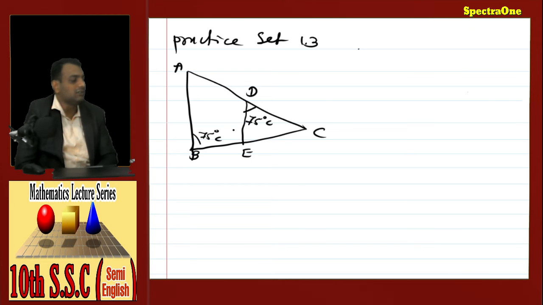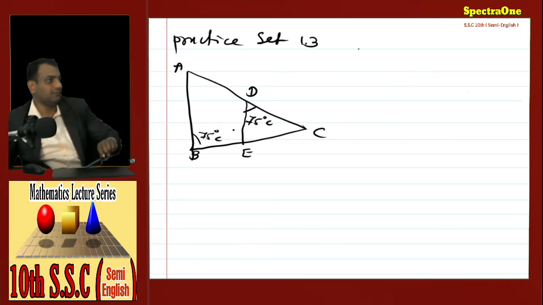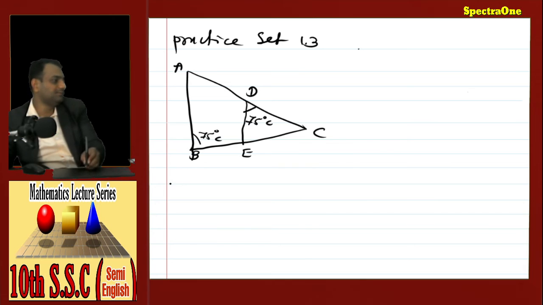Also write the similarity of these two triangles by proper one-to-one correspondence. Now, in this example, let's consider triangle ABC and triangle DEC.